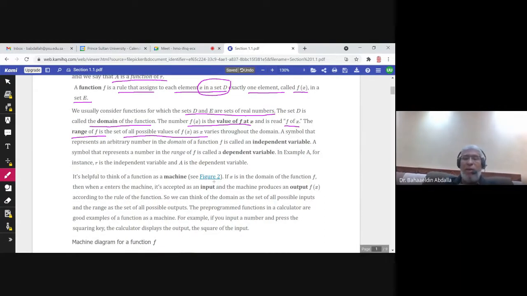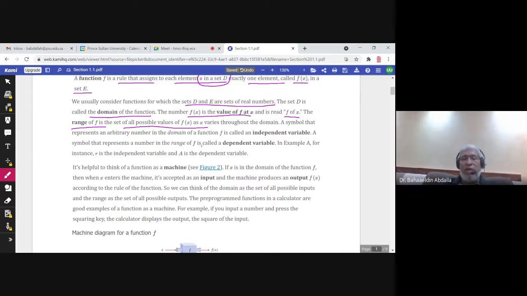Now, usually of the two variables in the function, one of them is called the independent variable, and that's x, the number in the domain, okay? And the dependent variable is the number that comes out in the range.